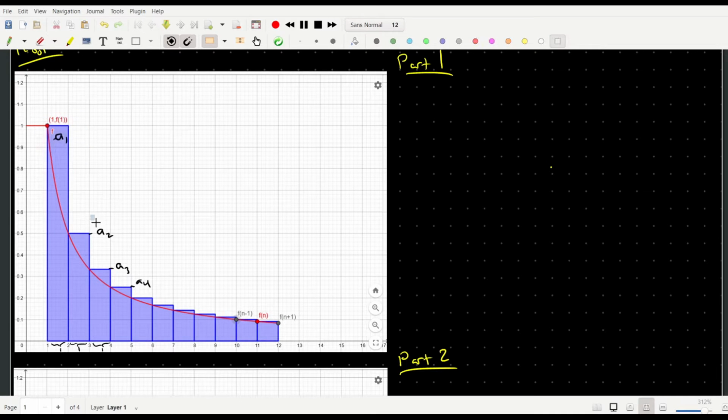So the area of this rectangle is a1, the area of this rectangle right here is a2, the area of the third rectangle is a3, the area of the fourth rectangle is a4, and so on and so forth.